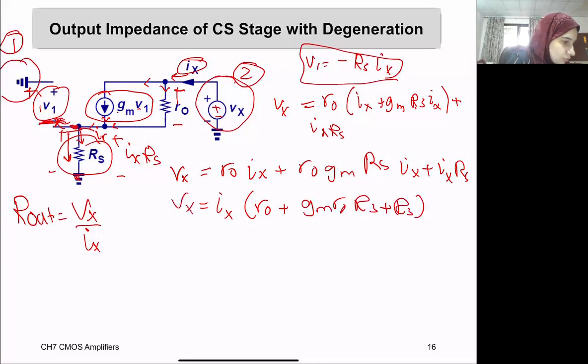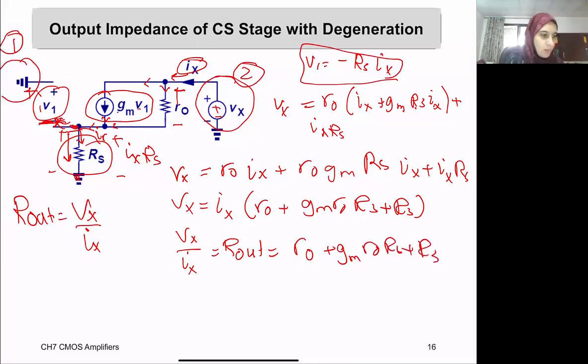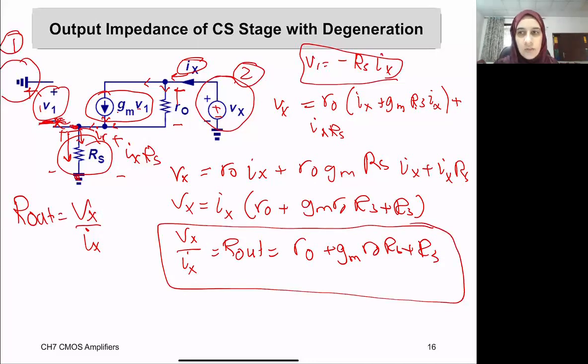This is Vx, so Vx over Ix is equal to R out of this amplifier, which is R out plus Gm R out Rs plus Rs. So this is the output impedance of the amplifier. Instead of just R out alone, it will now be increased by this portion when we do a common source with degeneration, when we degenerate the source. So the gain has reduced, but the output impedance got increased.